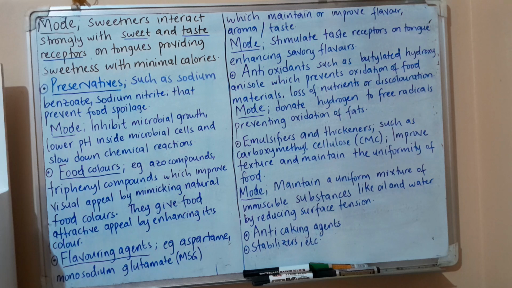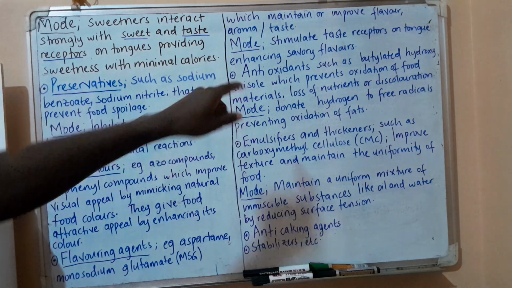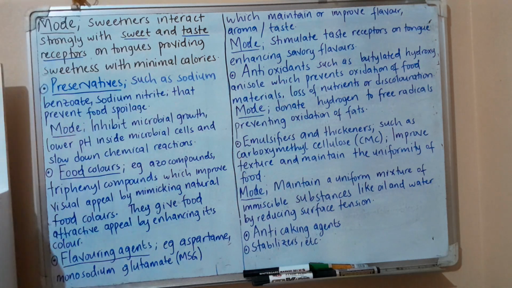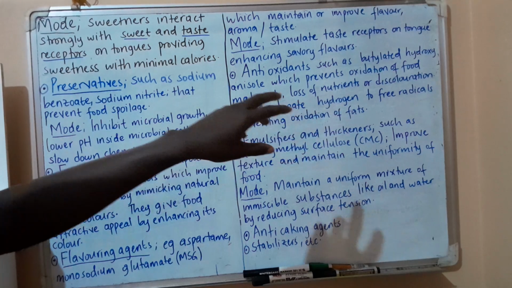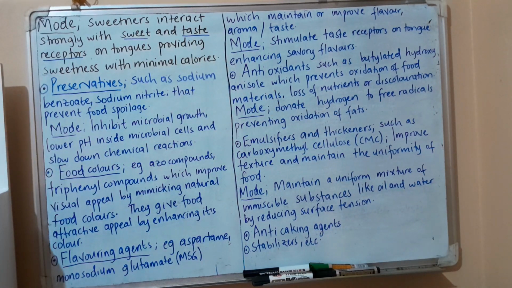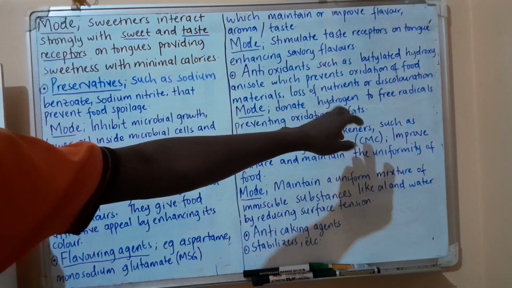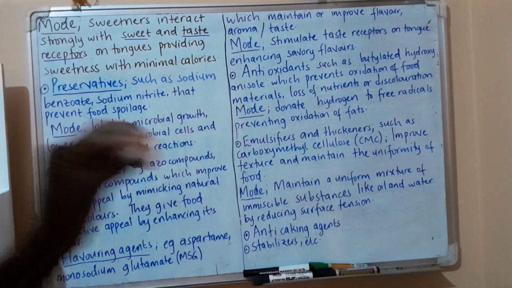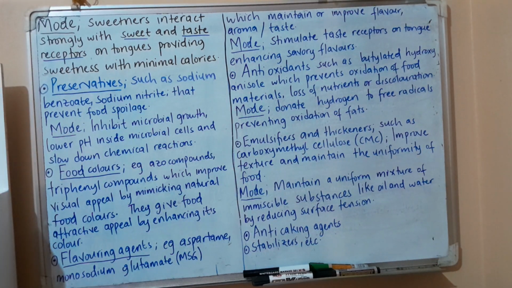Discoloration can also occur. Antioxidants prevent such activities by donating hydrogen. So they prevent oxidation, which means they act as reducing agents. Reducing agents add hydrogen. They donate hydrogen to free radicals, preventing oxidation of fats or any other ingredients.